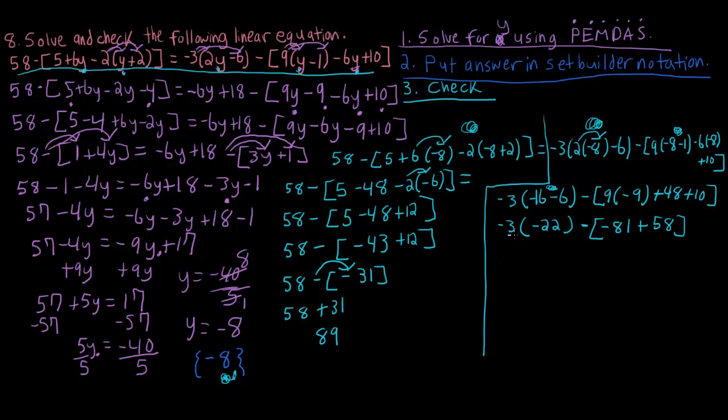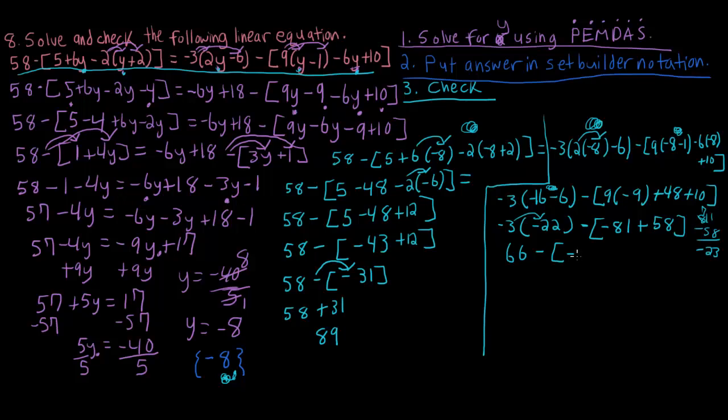Okay, so negative 3 can multiply with negative 22, which gives us a positive 66, minus, we have negative 81 plus 58, and that gives us, let me think, 81 minus 58, so minus 23.